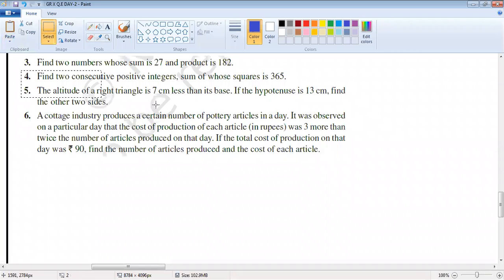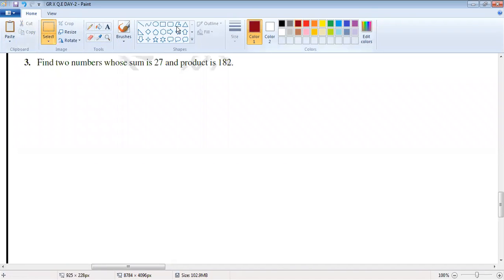Okay. Now first question, we'll take it. Find two numbers whose sum is 27 and the product is 182. See, let us take the numbers. One number is x, another number is 27 minus x. Why? Because the sum should be 27.